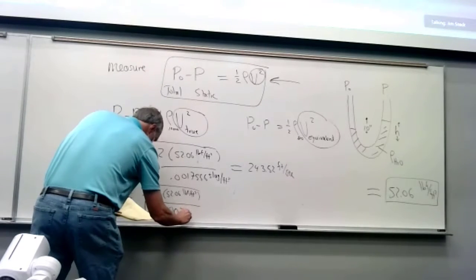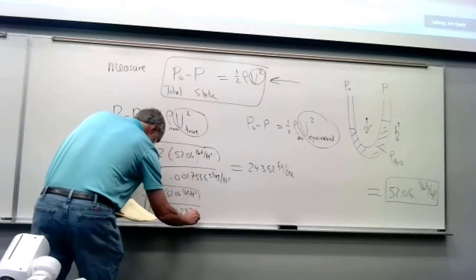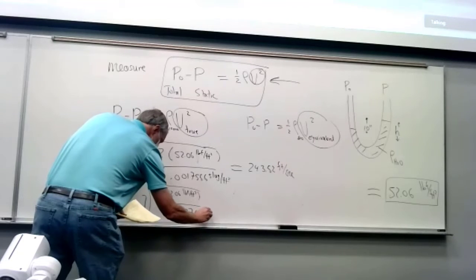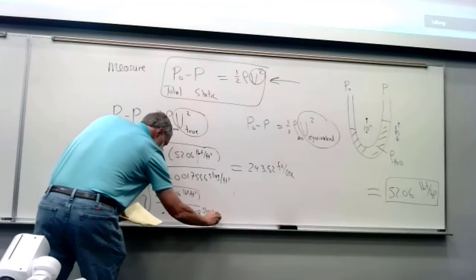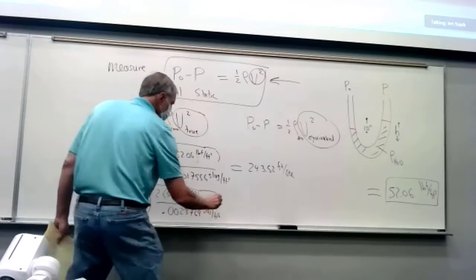And because the density is higher at sea level, we're going to get a lower airspeed.